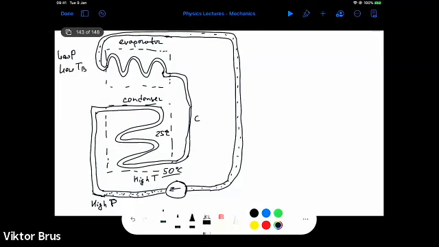As I mentioned, we need to do some work on the system in order to transfer energy from a low temperature environment to a high temperature environment. And this work is done by the compressor in this case. So this is actually the statement of the second law of thermodynamics from the point of view of heat pumps.